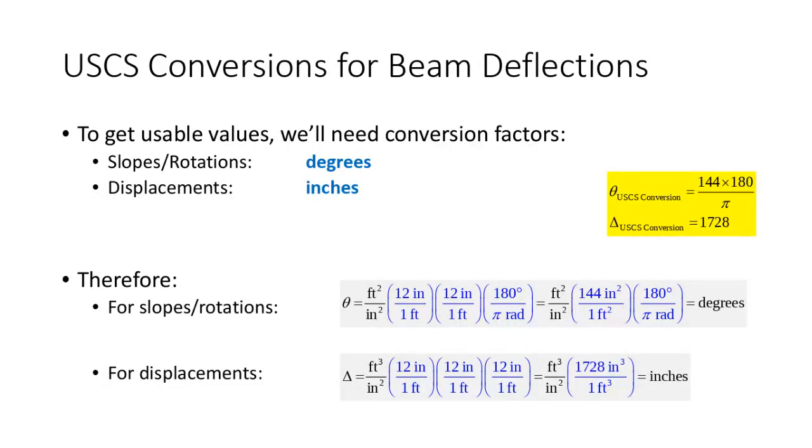So 12 times 12 is 144, times another 12 is 1728. So that's my unit conversion factor for displacements. Don't worry, we'll use that here in a second. As for rotations, we only have to do 2 inch conversions, but then I want to convert that into degrees. That's why I have 180 over pi.